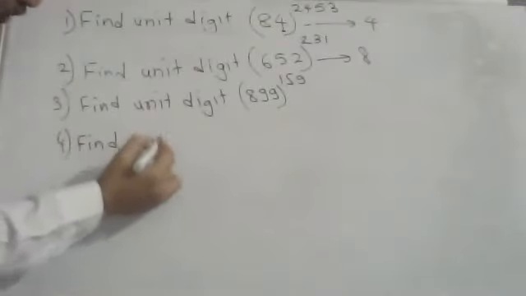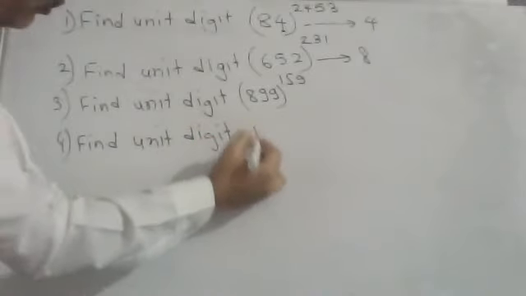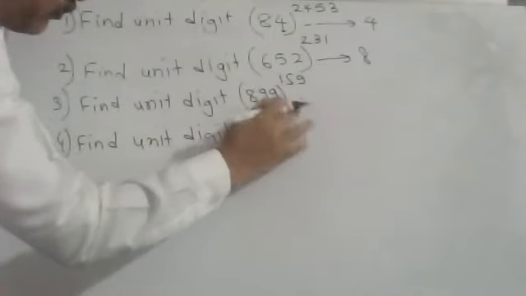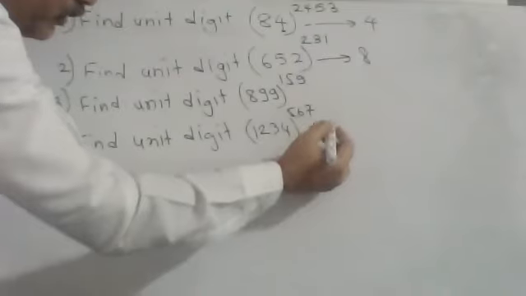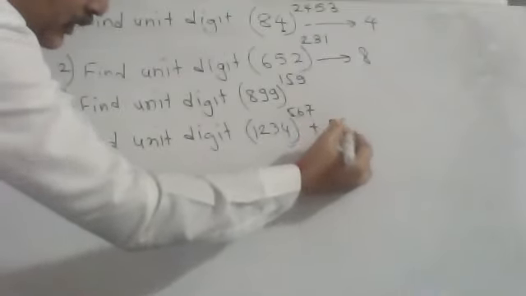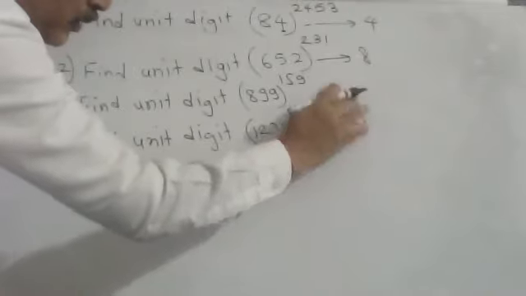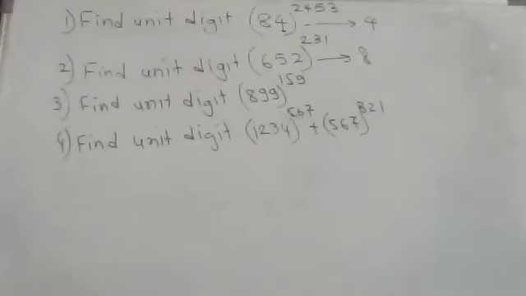Find the unit digit of 1234 raised to 567 plus 56 raised to 7 raised to 321. Now there are 2 questions.